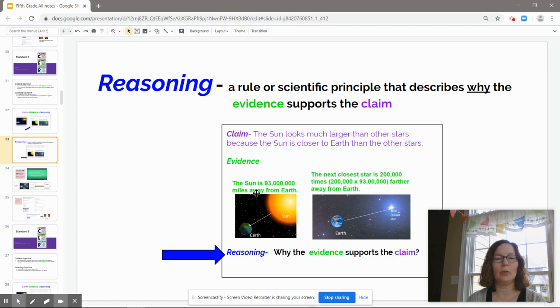So how does knowing that the sun is 93 million miles away from earth, but the next closest star is 200,000 times farther away from Earth, or 200,000 times 93 million miles, help? So it's much further away. Why does this evidence support our claim?